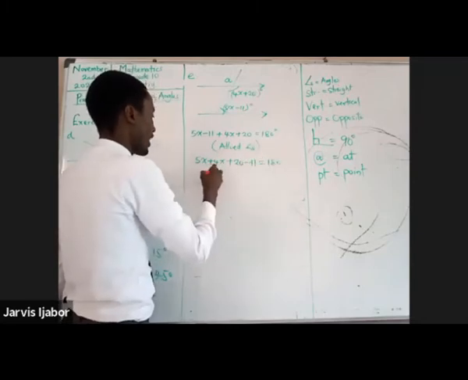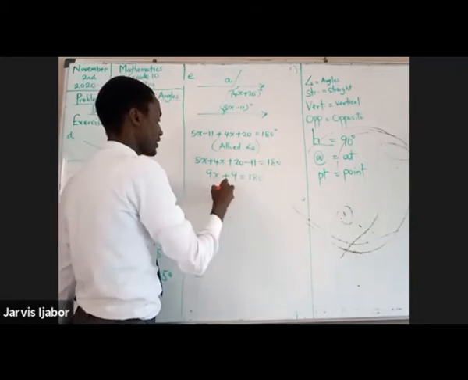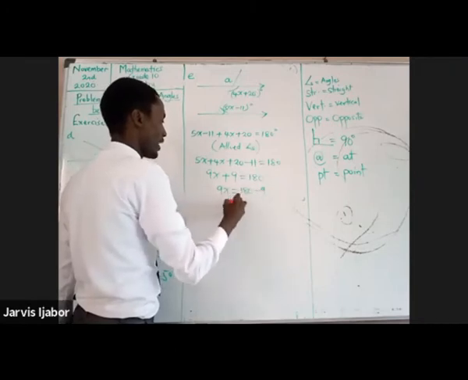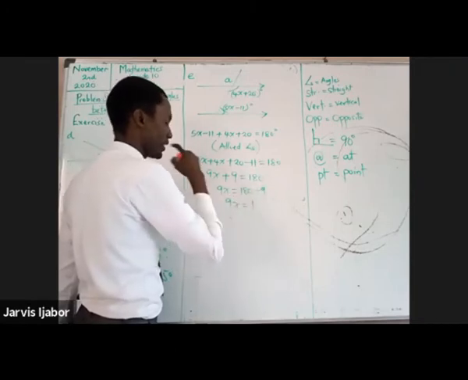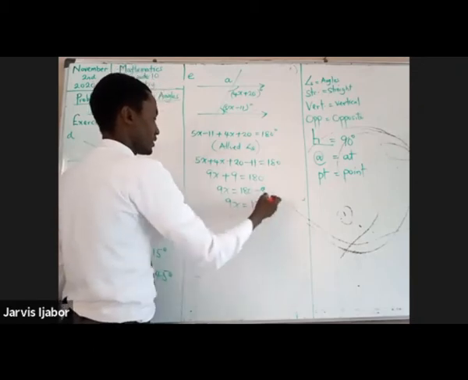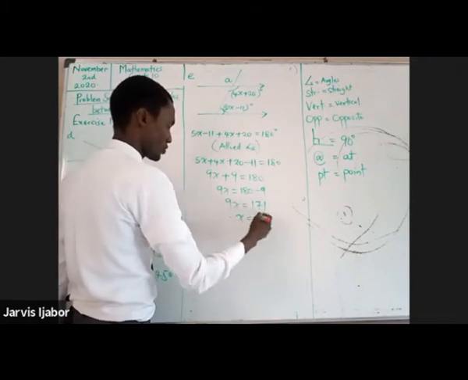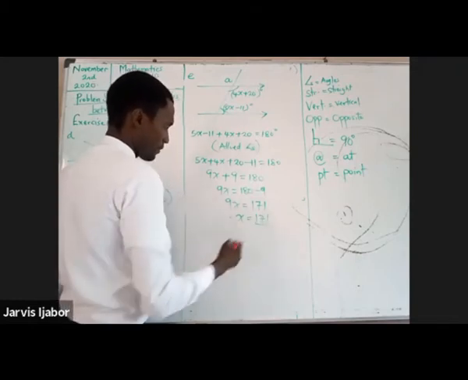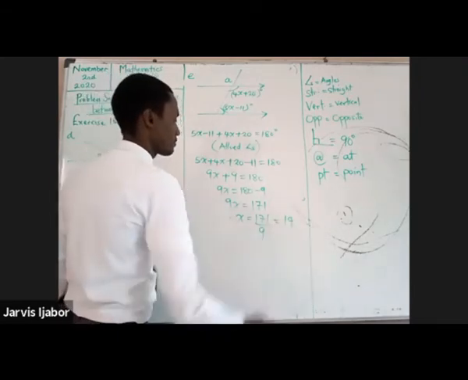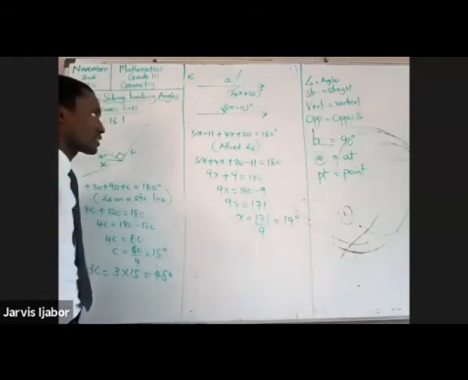So I'm going to have 9x plus 9 equal to 180. And now 9x equal to 180 minus 9, and 9x equal to 171 degrees. x equal to 171 divided by 9, and that should give me 19 degrees. So that's just what x is.